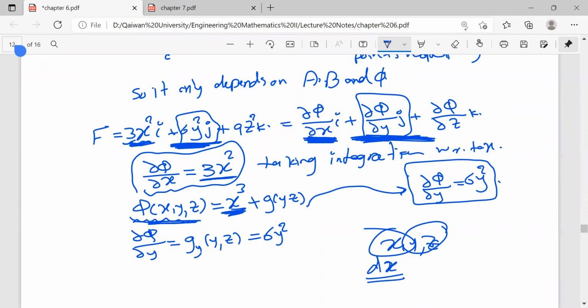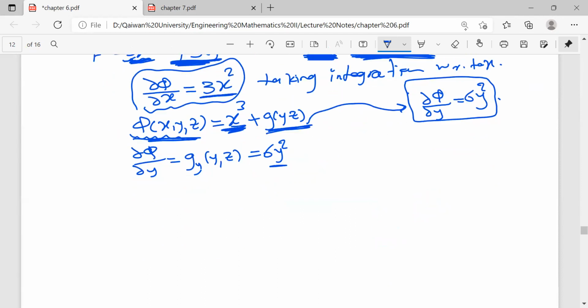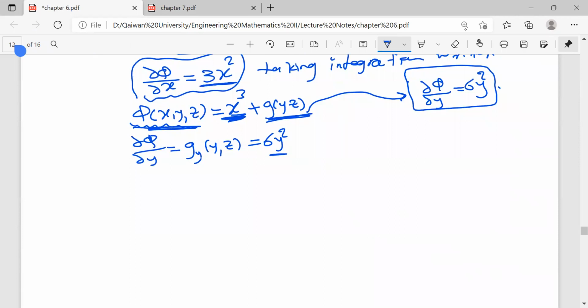And in the second term we have a function of yz. We say the partial derivative of g with respect to y is g sub y, or partial g by partial y, equals 6y squared. Now we find g of yz. How? By taking integration for both sides with respect to y.